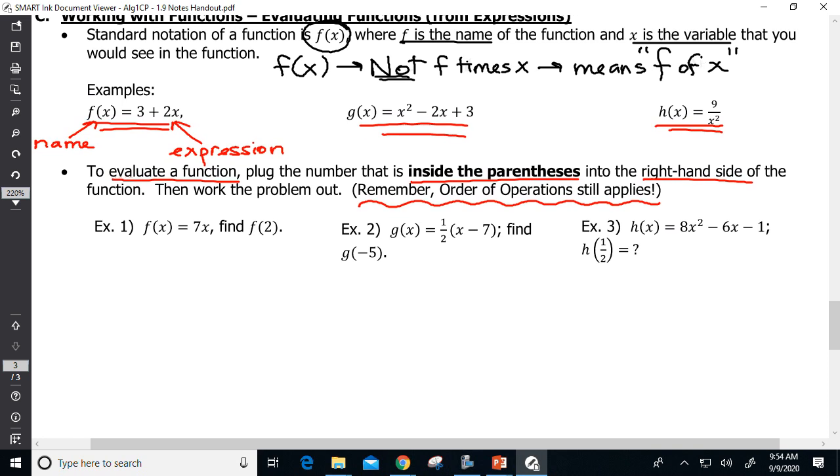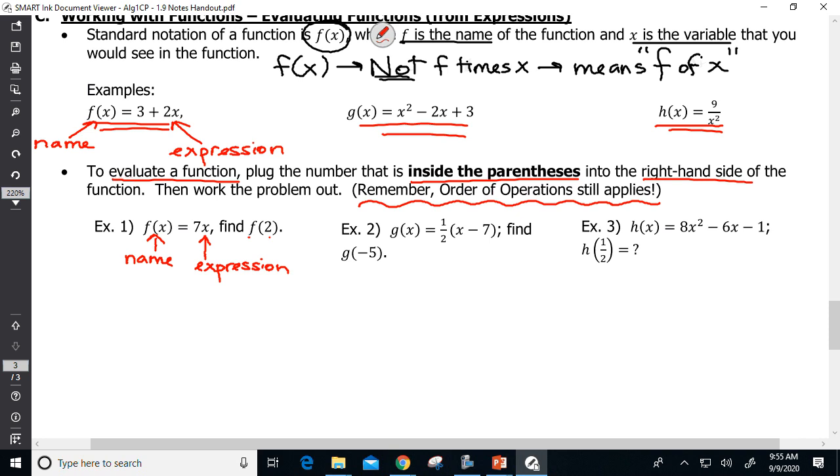So let's do a few examples. Example 1, you have f of x equals 7x. So f of x is the name, 7x is the expression. They're saying find f of 2. This does not mean f times 2.